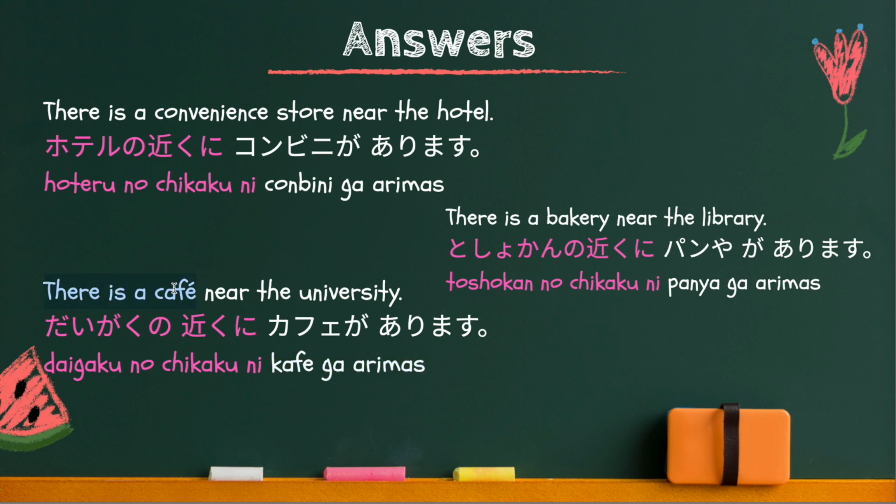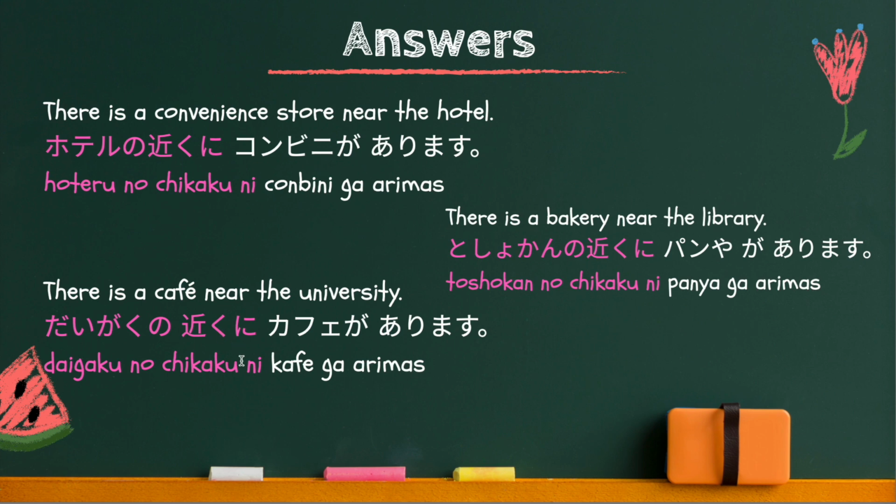Cafe is not a living thing, therefore あります. And the location is this, near the university, which is 大学の近く。近く is a location word, therefore it should come after no particle. And before no particle there should be a noun, in this case, 大学 university.